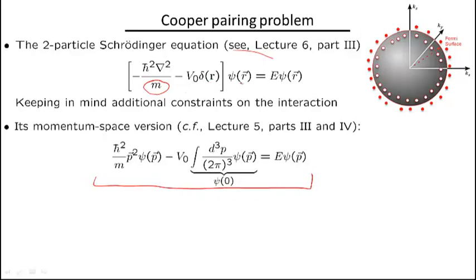Delta of r acting on psi of r picks up psi of 0, and here I'm going to have this integral over all momenta, but a way to introduce constraints on the potential that we just discussed would be to limit the integration over momentum to only momenta in the vicinity of the Fermi surface, so that the possibility of phonon exchange exists. And so these two equations, with the appropriate caveats about where the interaction is possible, are exactly the Cooper pairing problem.